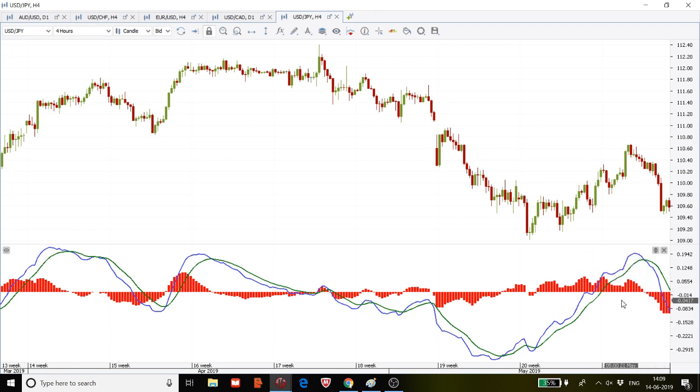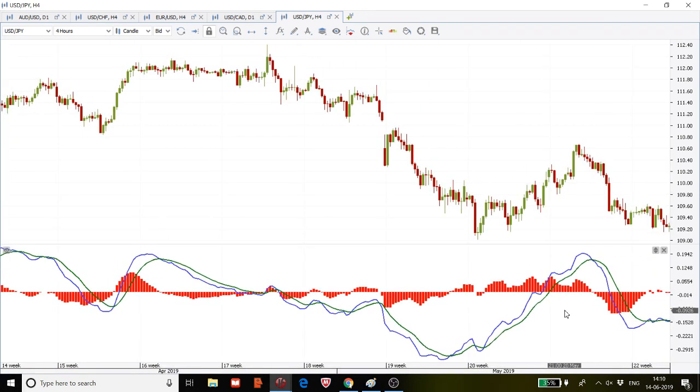This way the strategy will open a buy trade, and with that we will define the value range of the MACD as well.